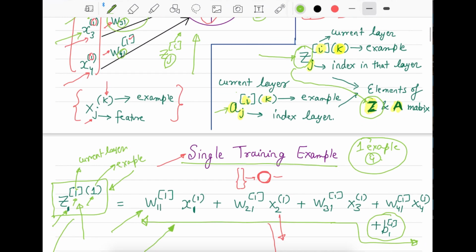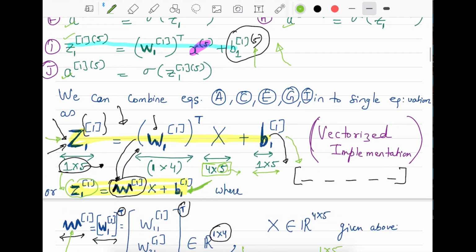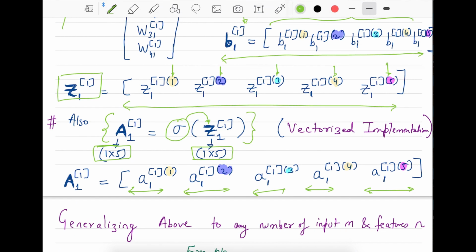So these are the individual components of this bold matrix which is here.